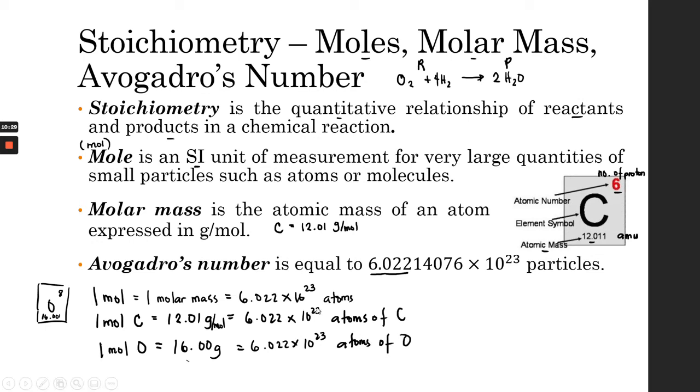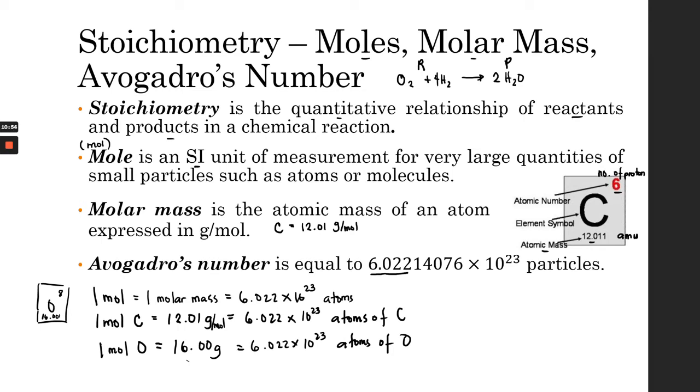So this is the relationship between mole, molar mass, and Avogadro's number. Avogadro's number is basically how many particles of an element I have. So if I have 12.01 grams of carbon, it has approximately 6.022 times 10 raised to 23 atoms of carbon.